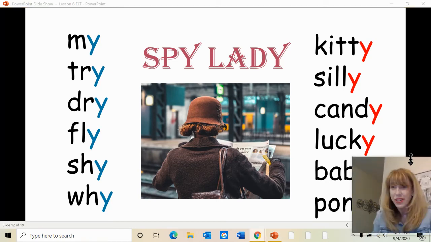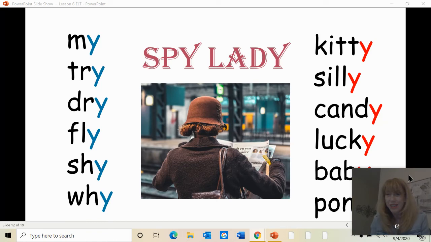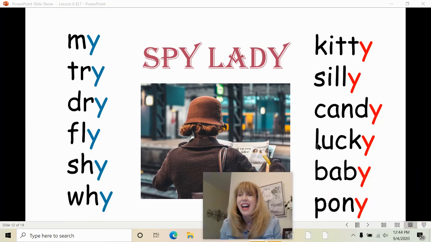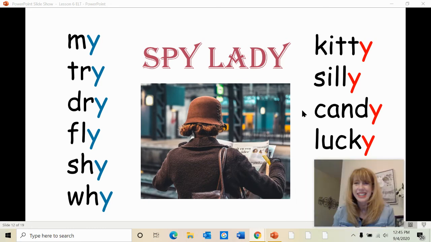I'm going to move my picture here again. There we go. Lucky, baby, pony. Excellent job. Notice that the ones that have the short vowels have the two letters in between the two vowels. But the ones that have only one letter in between the two vowels have a kicker, as in baby and pony. Nicely done.